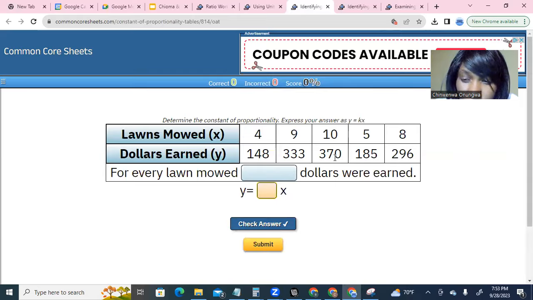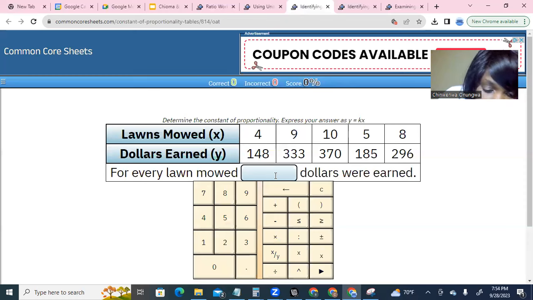The easiest one to divide here is 370 by 10. 370 by 10, I get 37, right? So for one mow, it costs $37 to mow one lawn, according to this 10 to 37. But let's make sure it's the same thing if we divide again.